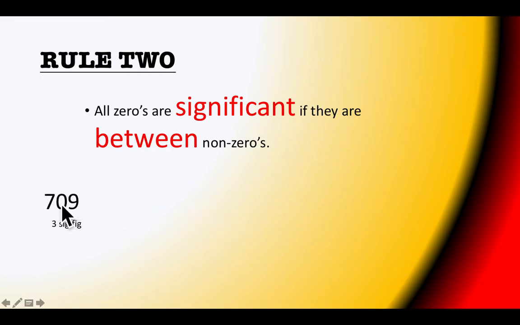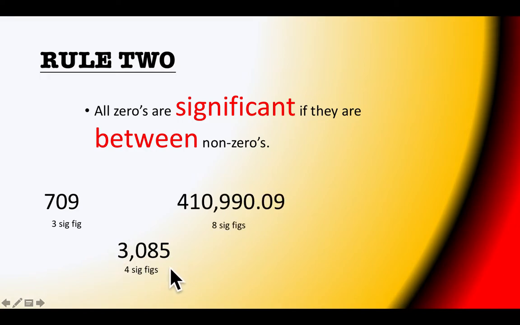So 709 has 3 significant figures because this 0 inside counts. 3085 has 4 significant figures. 410,990.09 has 8 significant figures. All 3 of these zeros that are sandwiched inside count. And this last value has only 2 non-zero digits at the beginning and the end, with 4 zeros sandwiched inside, so this one has 6 significant figures.